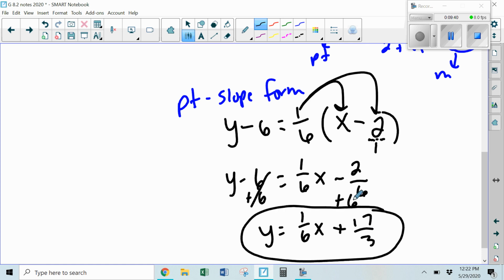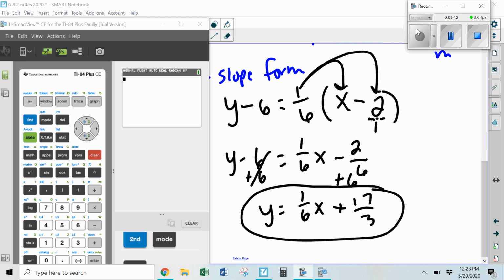So in terms of your calculator, may not look like mine, but it will be similar, hopefully. So I'm going to show you kind of what we're doing here with this -2/6 plus 6. So I'm going to do parentheses, -2 divided by 6. That's how I type this fraction. And then I can put plus 6.